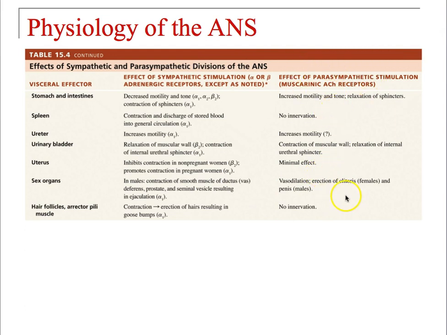Parasympathetic is the activation of the possibility of sexual activity, and the sympathetic nervous system is what allows for the actual, in this case, the males that they're talking about here, is going to be the actual allowing of the spermatocytes to exit the body. And notice what actually regulates ejaculation is A1.